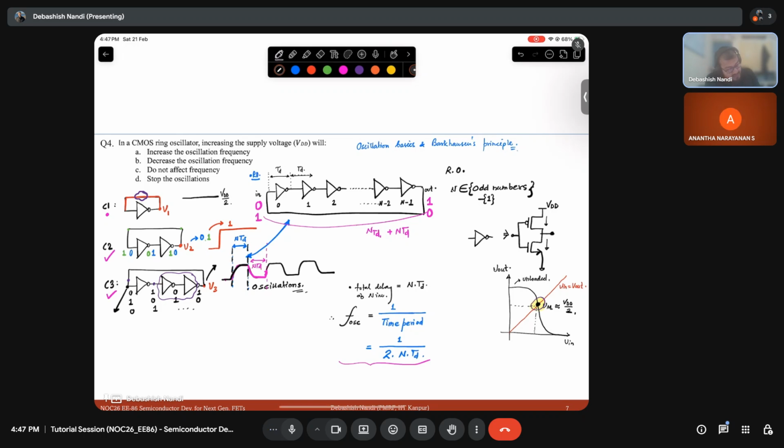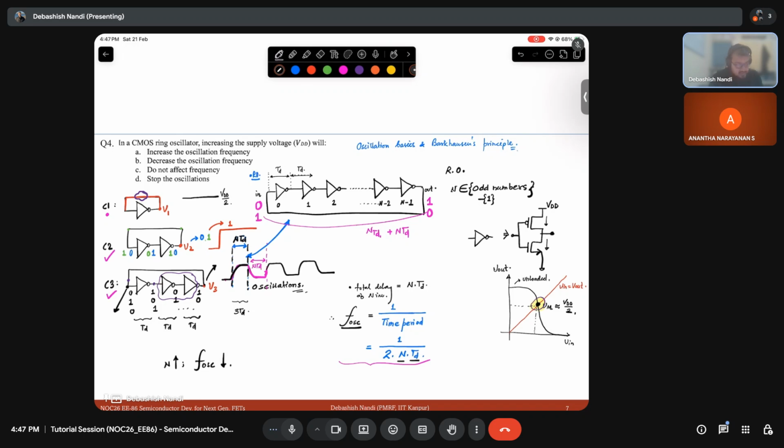And in our case, it is 3TD. So that is determining the frequency of oscillation, right? So this oscillation frequency is determined by this TD and the number of stages. If the number of stages N is more, the frequency of oscillation will reduce.